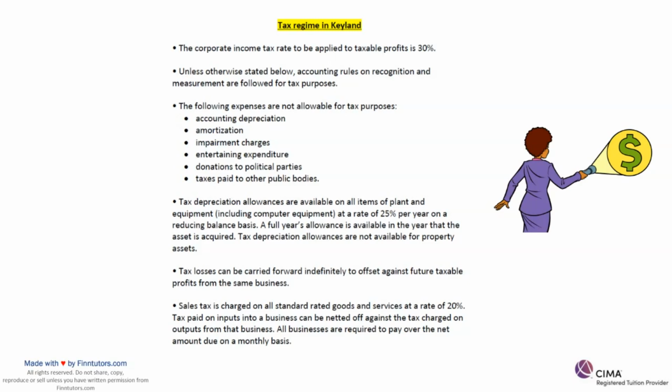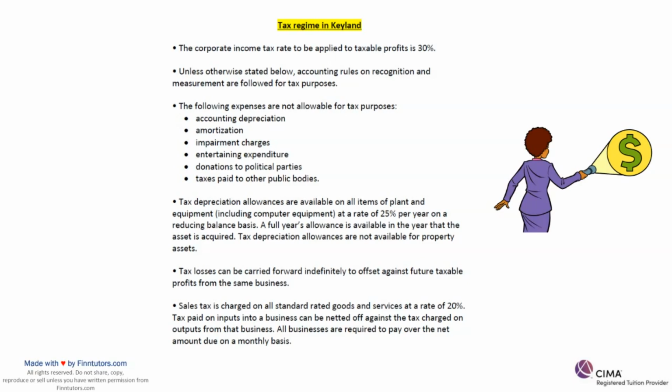For the tax part, you will see that the corporate income tax rate given to you is 30%. Unless stated otherwise, your normal tax rules knowledge from F1 has to be used. Following expenses are not allowable for tax purposes, which means accounting depreciation, amortization, entertaining expenditure, normal from your F1 syllabus straight away.